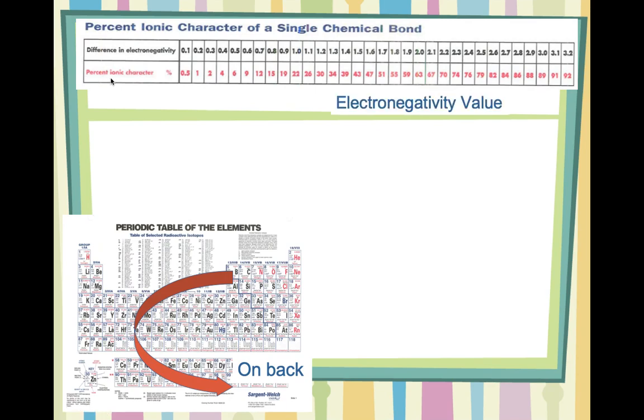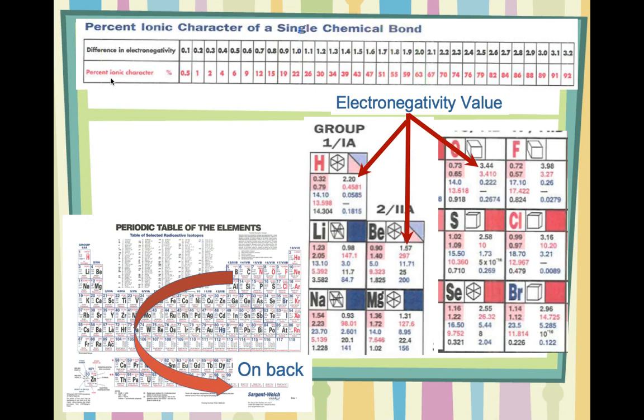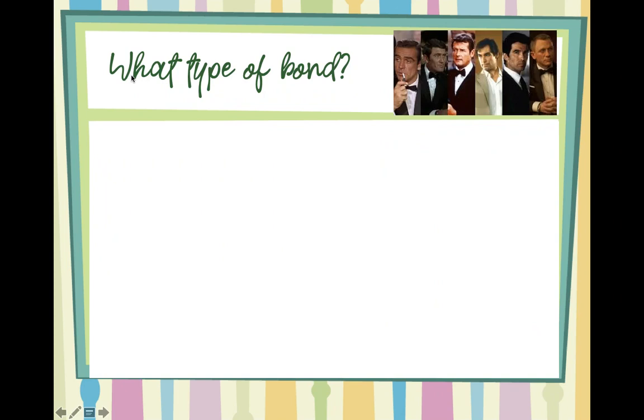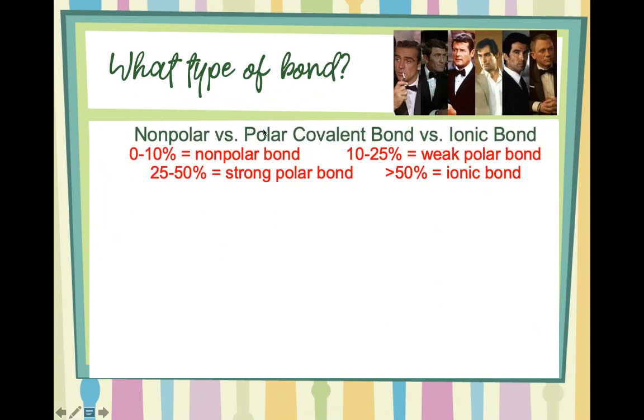The electronegativity values in the periodic squares are the upper right black number. So hydrogen is 2.20, beryllium is 1.57, fluorine's 3.98. That is the number we're looking for, the electronegativity value. We'll subtract two values to get the difference, and then that will correspond to the percent ionic character. So what type of bond? Remember, these are our guides.